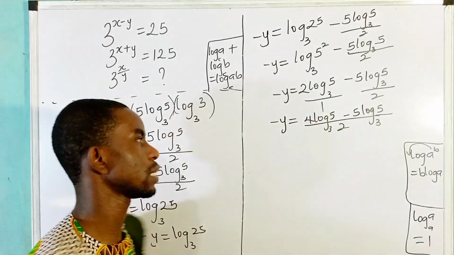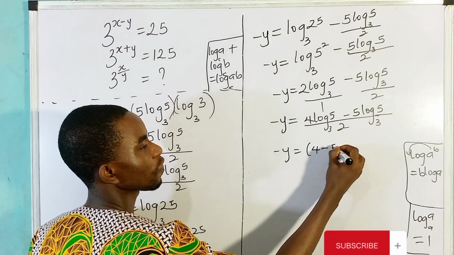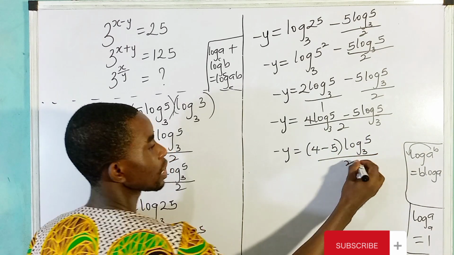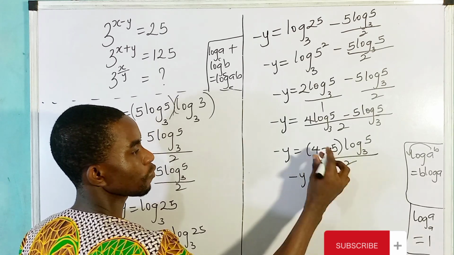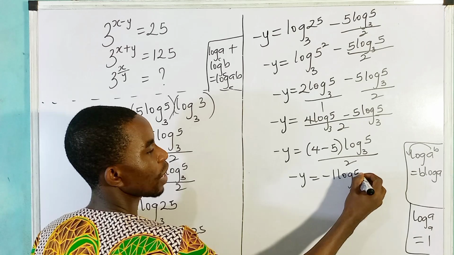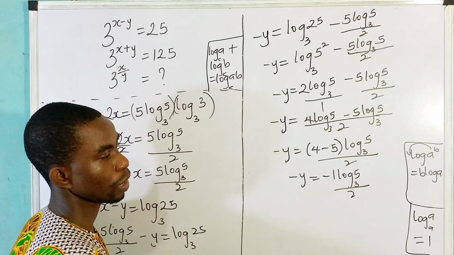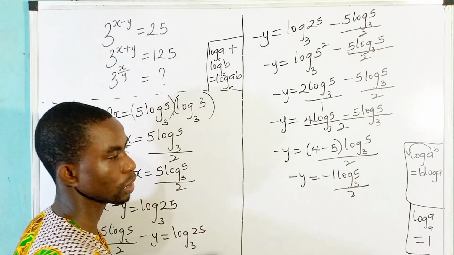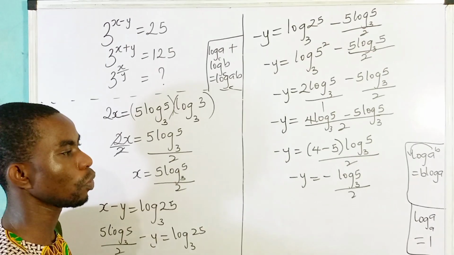It's like saying minus y equals 4 minus 5 log 5 base 3 divided by 2. Alright, so we have minus y equals, 4 minus 5 is minus 1, so that is minus 1 log 5 base 3 over 2. Now we don't need to write minus 1, we just need to write minus, because the 1 is not that important. So you just have minus log 5 base 3 over 2.